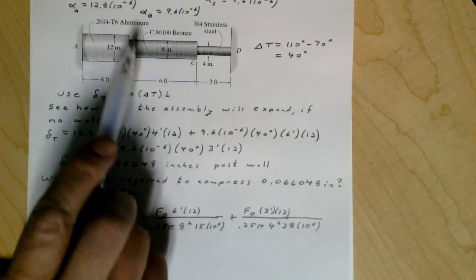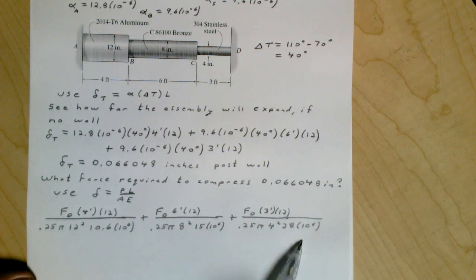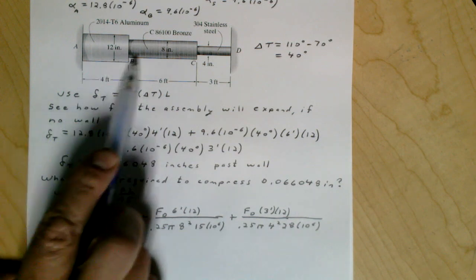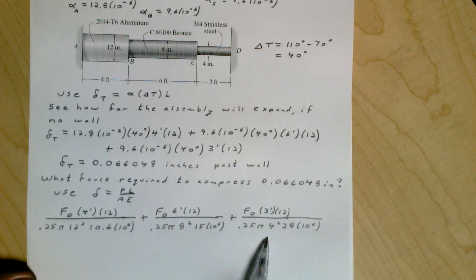We use the appropriate Young's modulus in the denominator, use the areas in the denominator, then use the length.